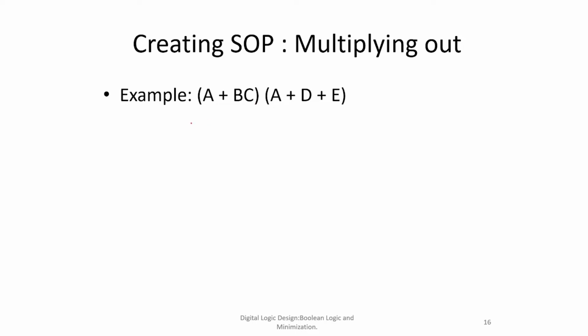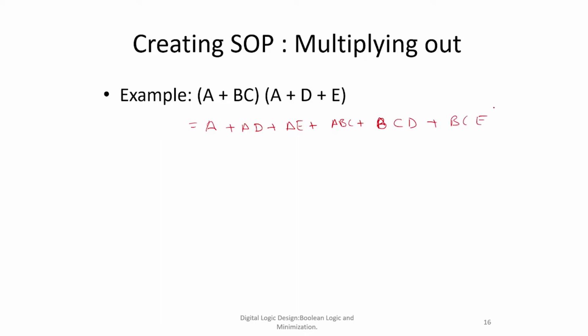So let's say I want to do this. A would be multiplied with A, it will still remain A. And then AD plus AE plus, now A has been multiplied to all these three terms, now BC would be multiplied to all these three terms. I can write ABC plus BCD plus BCE.